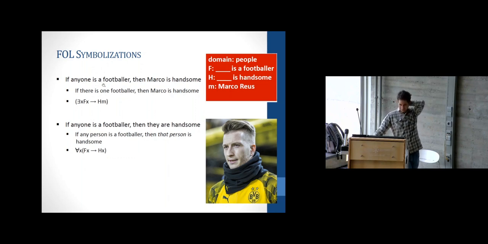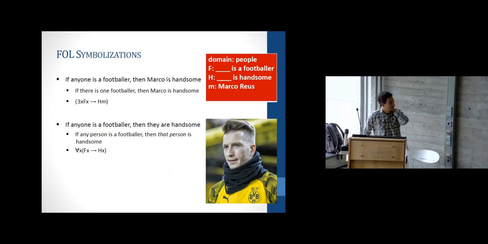So the first one is vacuously true. In a world where there are people, and the domain is people, then there is someone who is a footballer. But even though the consequent has no relation, the consequent is just unrelated. So it's just true.